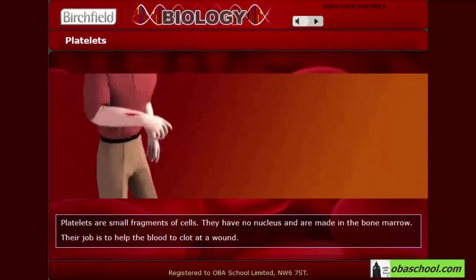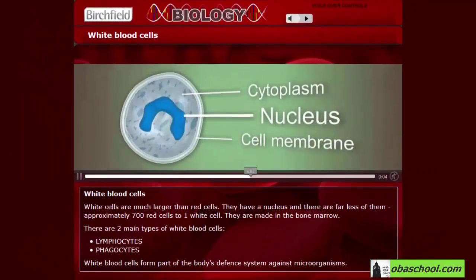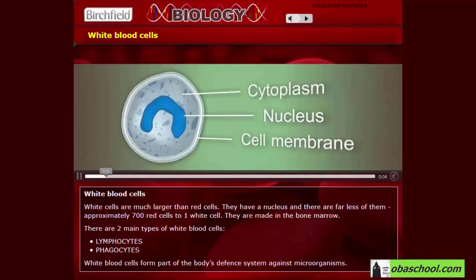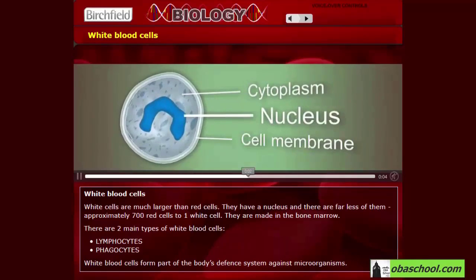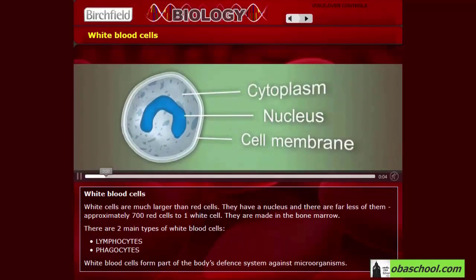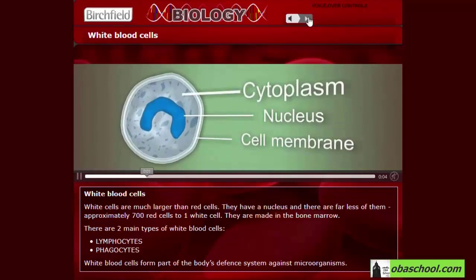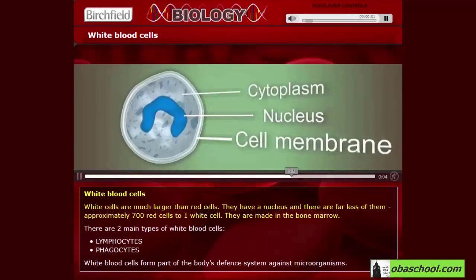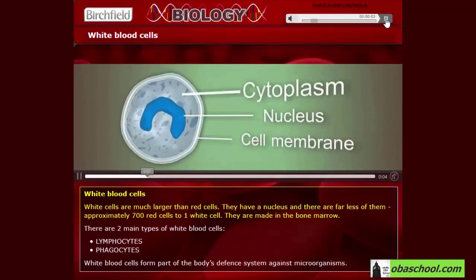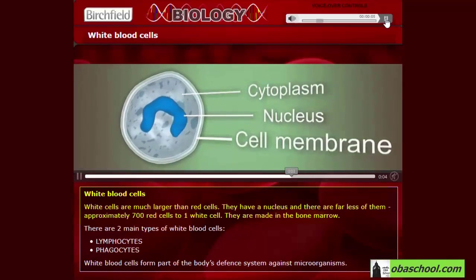Let's explain now the function of white blood cells. White blood cells are part of the blood, so of course they're part of the circulatory system, but they are also related to the immune system. They are much larger than red blood cells.